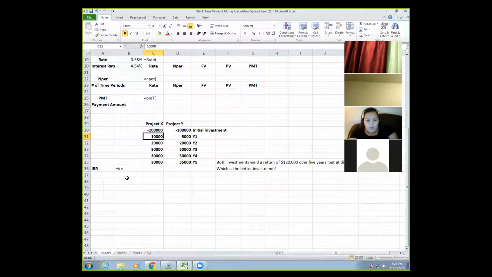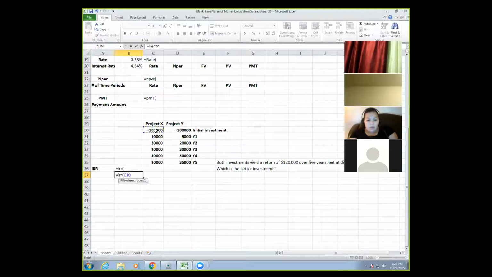And the way that you use IRR, just like we use these functions up here, is equal IRR. And then first of all, you need to give it the initial investment. So again, if money's going out, then that's going to be negative. I'm going to do this for project X here.